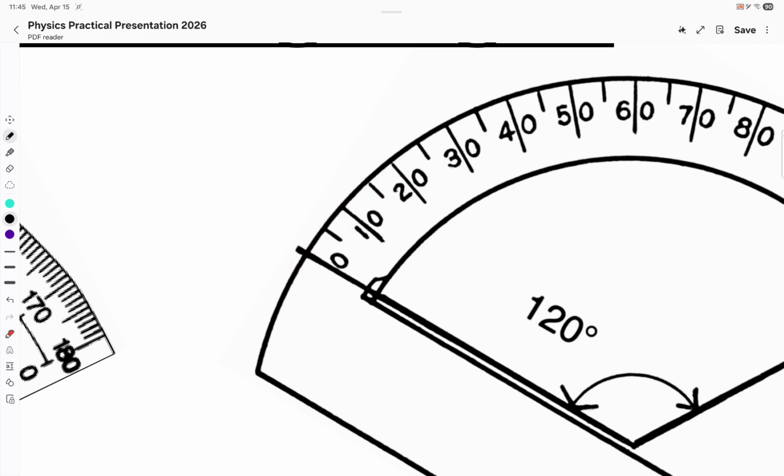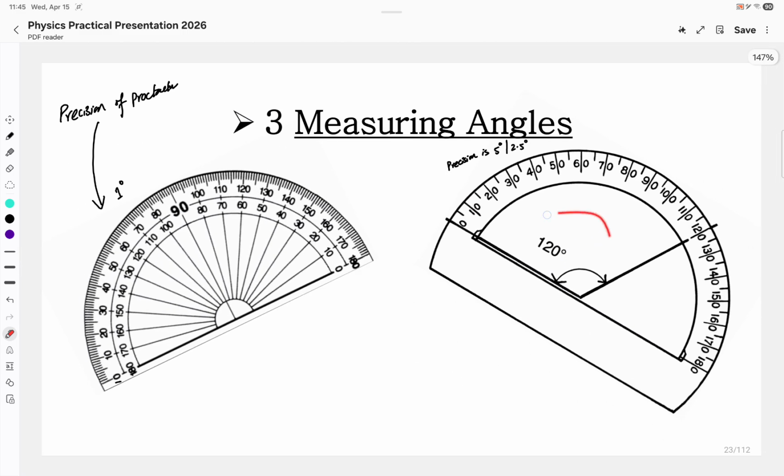So the precision is either 5 degree or 2.5 degree, because with a naked eye I can even judge the mid position between 0 and 5. So here for this particular protractor I can use the half of a least count.